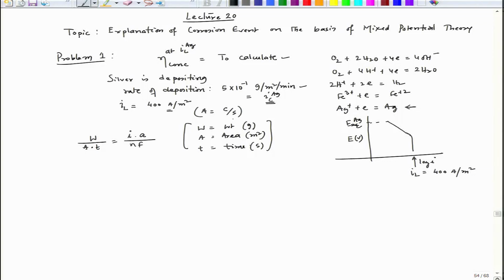This A and this A, these are similar. So, let me put it as amp.